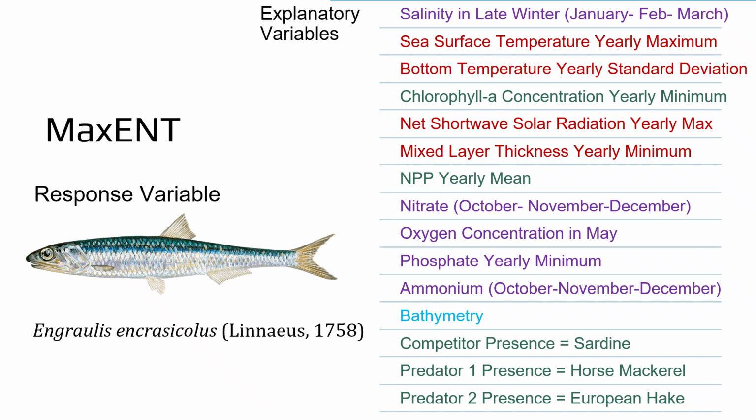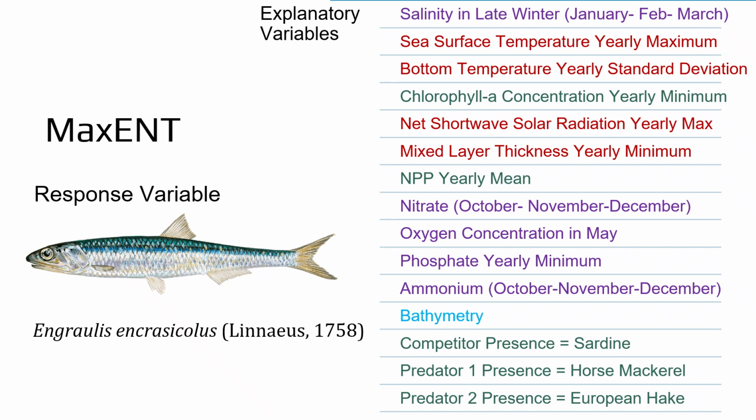So in order to have a model that's representative of the entire year, as well as representative of this year-to-year variability, it's important to choose explanatory variables that are relevant to the spawning habitat suitability and give us this spatial and temporal understanding.